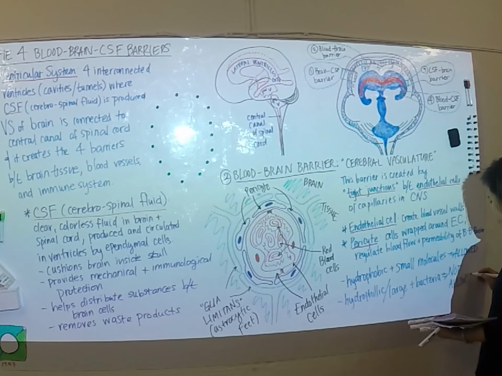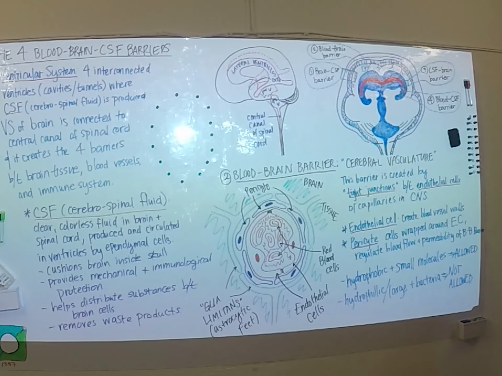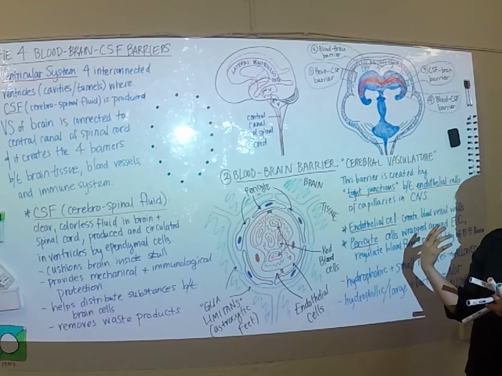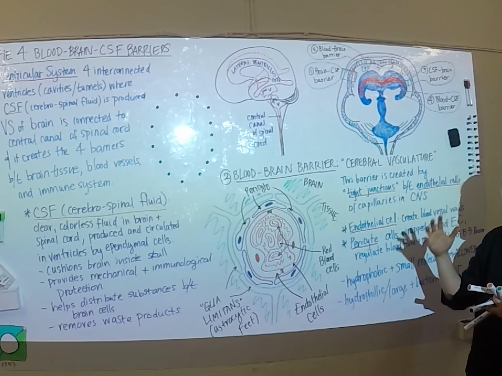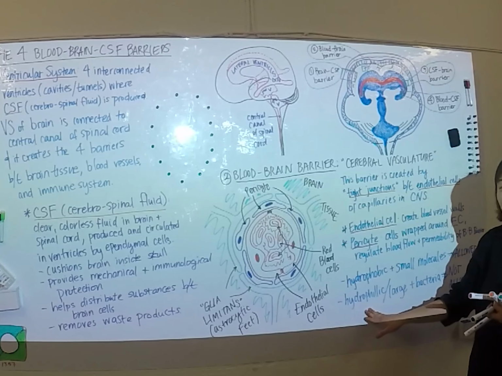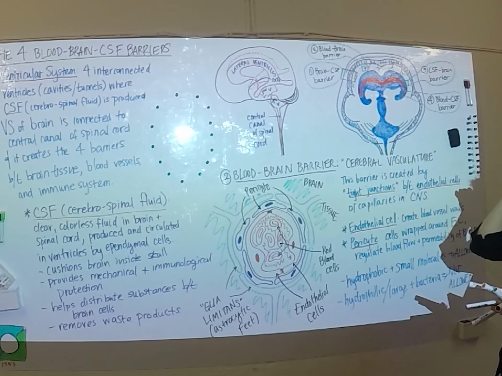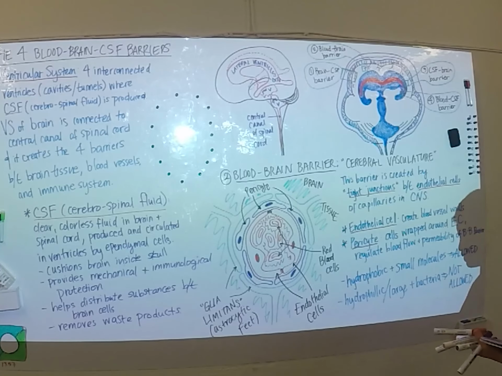And they are kept out. Okay? So that's what the blood-brain barrier looks like, and that's what it does. It makes sure only the good things pass into the brain tissue, and it keeps out large molecules, hydrophilic molecules, and bacteria, okay? All right, so that's the blood-brain barrier.